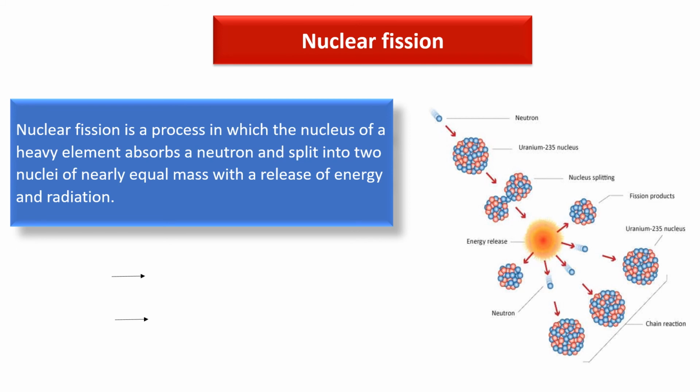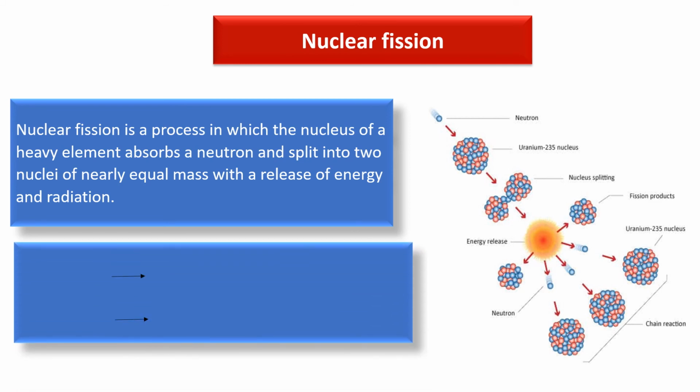So let us consider this equation. Uranium with mass number of 235 and atomic number of 92 absorbs 1 mole of neutron and then produces barium with mass number of 144 and atomic number of 56, krypton with mass number of 90 and atomic number of 36, and 2 moles of neutron with the release of energy.